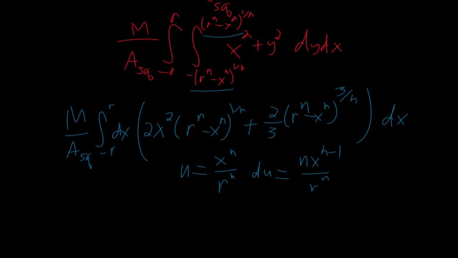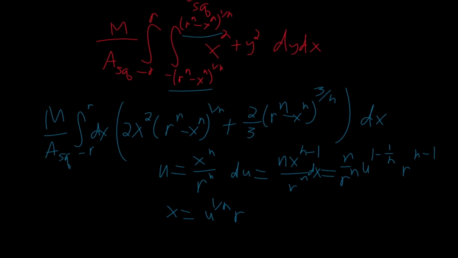But subbing everything in, we can see that x is just equal to u to the 1 over n times r. There should be dx right there, pardon me. Subbing in this x, we have n over r times u to the 1 minus 1 over n, and then r to the n minus 1. There should be an r to the n right there.